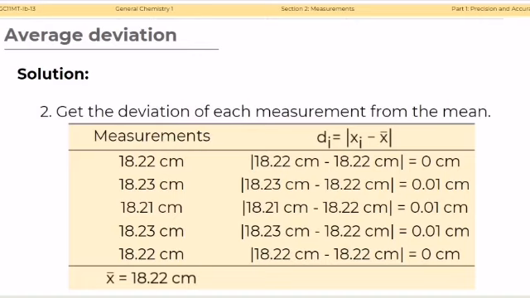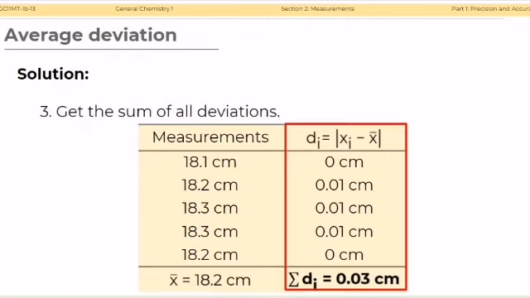As you can see here, the 18.22 is constant because that is the mean. So you have now the deviations.